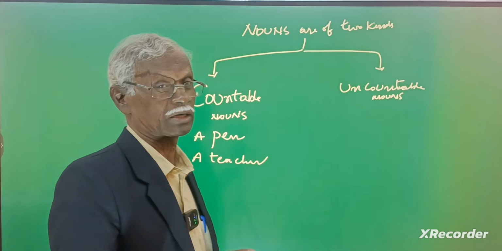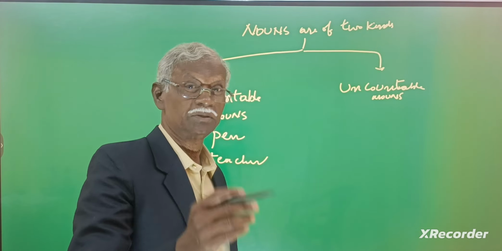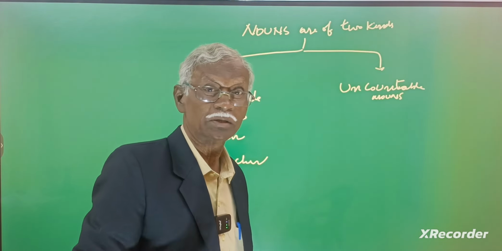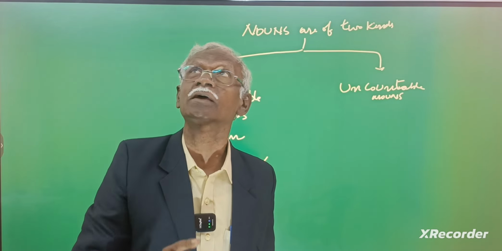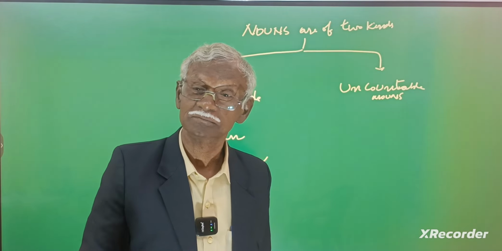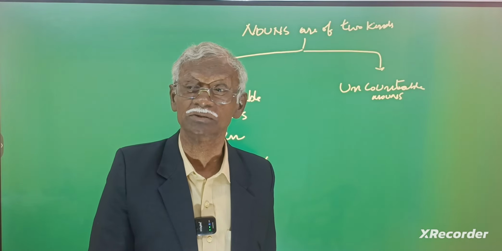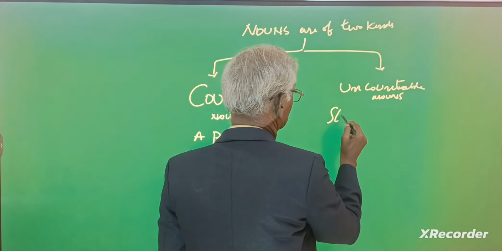Next, uncountable nouns, which are called uncountable nouns, that cannot be counted. For example, the stars in the sky. Can you go and count them? While counting the stars in the sky, after some time you would fall on the ground unconscious. You cannot count them. So stars are uncountable.